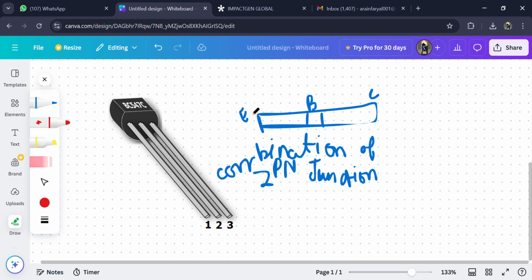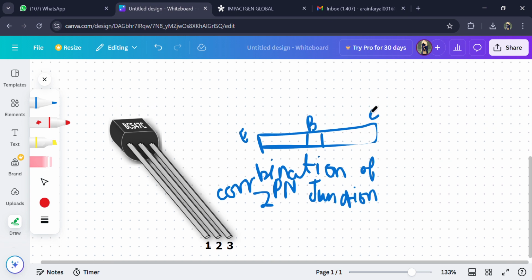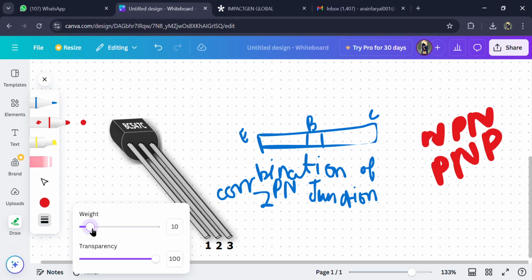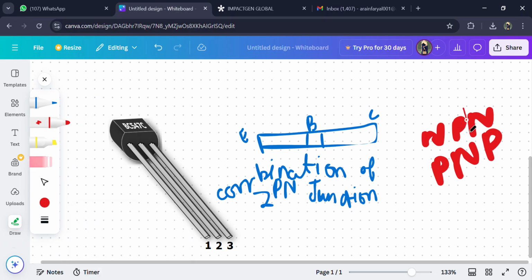The emitter, base, and collector are formed in a way that either 2 N types are used, NPN junction, or 2 P's and 1 N are used. So it creates a PN junction. This is one PN junction, and then it also creates another PN junction. This is the second PN junction. That's why we say that a transistor is the combination of two PN junctions.